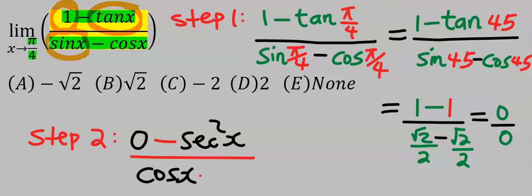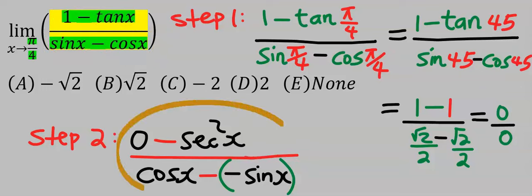Next, we differentiate cos x, and we're going to get minus sine x, and this will be in a bracket. Next, we're going to rearrange this function and then take the limit as x tends to pi over 4.